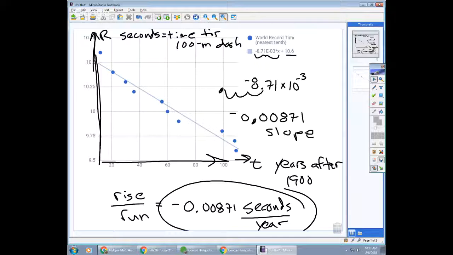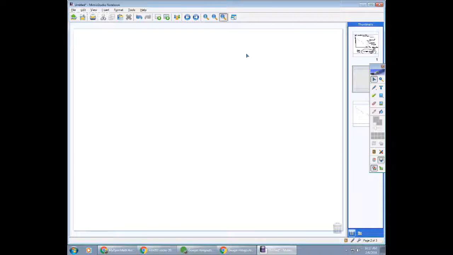It's a big production. Okay, so I'm going to write down my sentence, and then you can compare yours to mine and see what you think. Uh-oh. That magic pen died. Let's try this. All right, so my slope again, m, negative 0.00871.